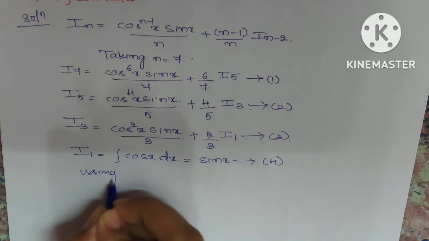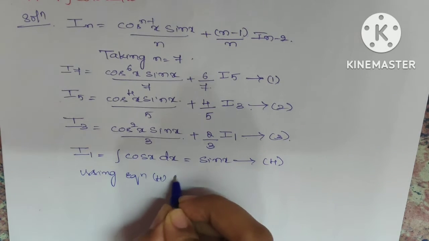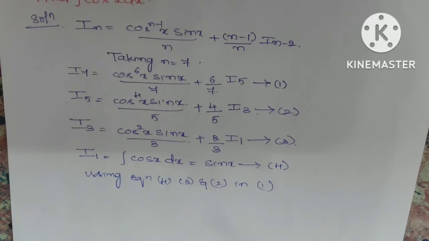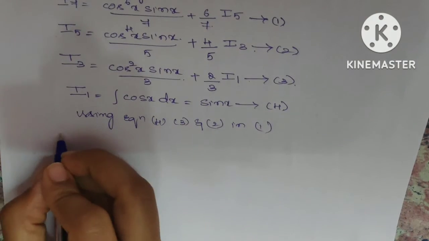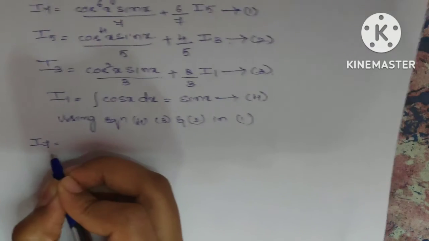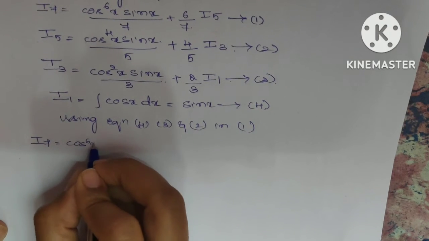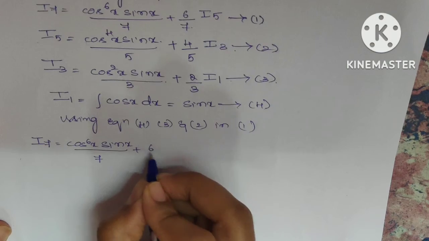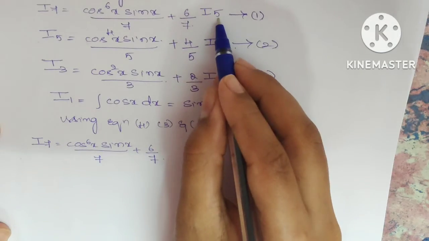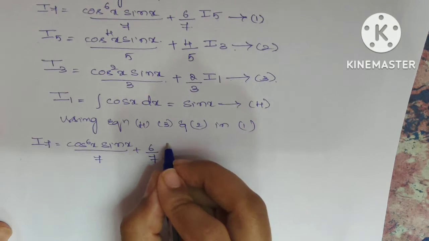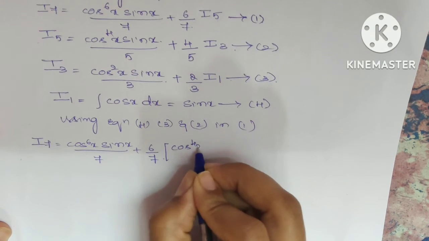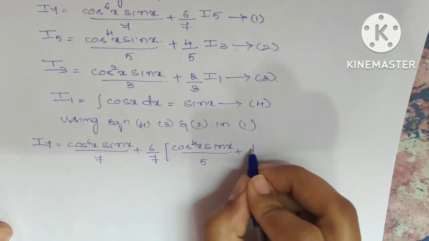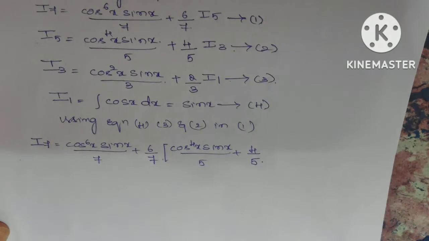Now using equations 4, 3 and 2 in 1, we get I₇ equals cos^6 x sin x divided by 7, plus 6/7 times I₅. I₅ is cos^4 x sin x divided by 5, plus 4/5 times I₃.